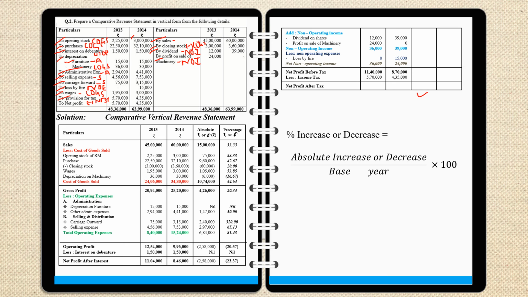In 2013 the company earned 5,70,000 profit, but in 2014 their profit reduced to 4,35,000, मतलब 1,35,000 का प्रॉफिट कम हुआ. So the company needs to identify the reason why this profit reduced by rupees 1,35,000.